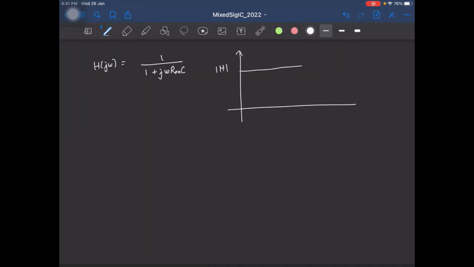So it will be 1, right? That is say 0 dB in log scale. And then it will fall at a slope of minus 20 dB per decade. And this is, if I just write the magnitude of the frequency, 1 by r on c. Okay.